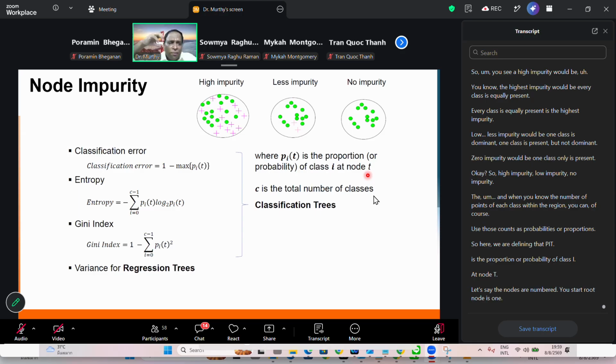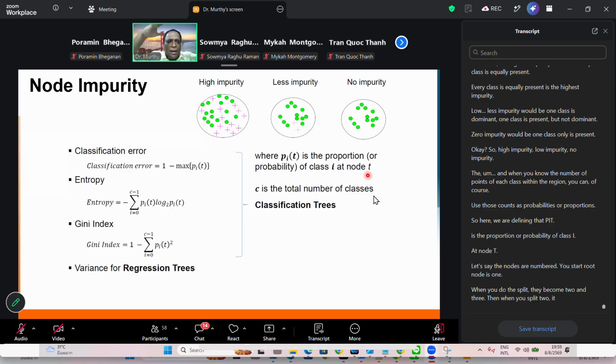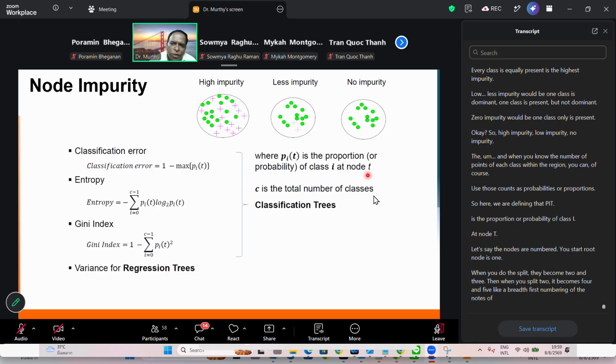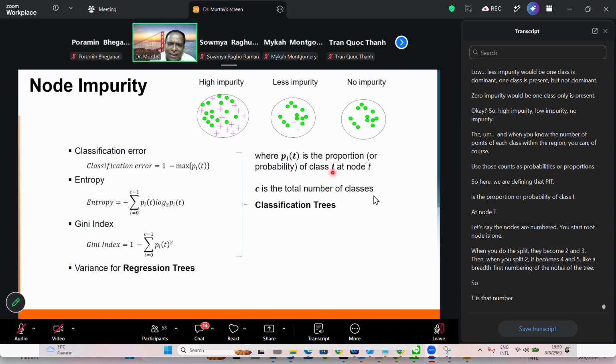When you do the split, they become 2 and 3. Then when you split 2, it becomes 4 and 5, like a breadth first numbering of the nodes of the tree. So T is that number and I is the class.